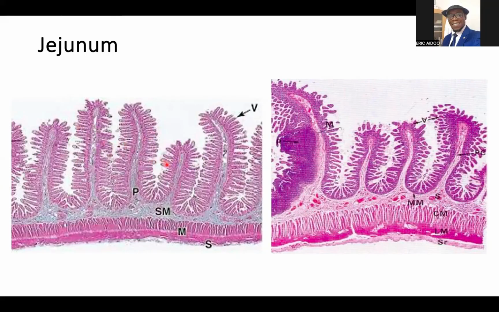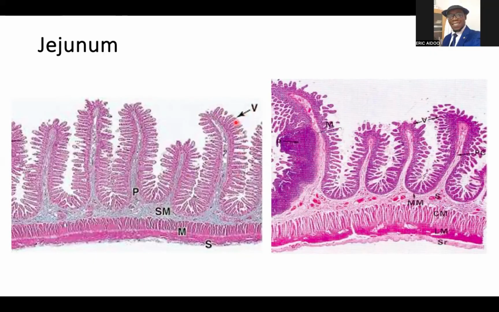The pattern is so beautiful. Now that will be the villi, and then you have a submucosa core, another submucosa core. So the P is standing for the plicae. This whole extension will be a plica. One is a plica, and the plural is plicae.